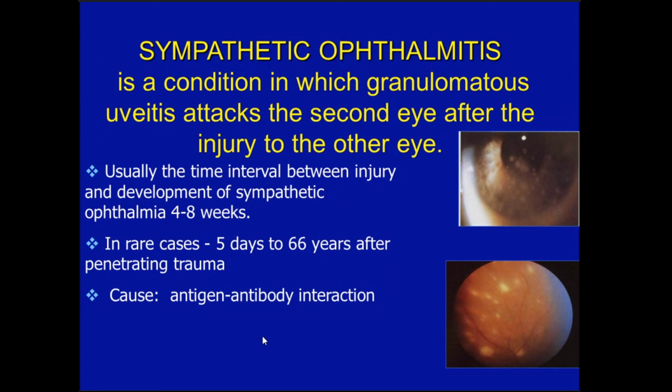Usually the interval between injury and development of sympathetic ophthalmia is 3-8 weeks. In rare cases, 5 days or even 60 years after penetrating trauma. And the cause of this process is antigen-antibody interaction.